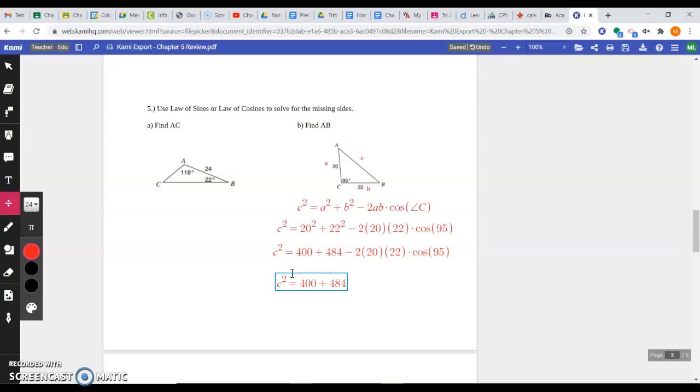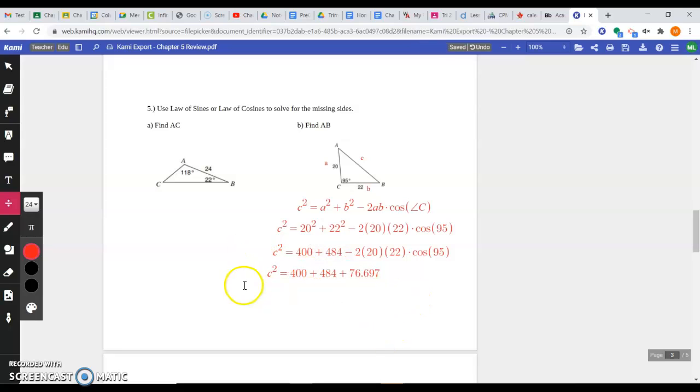I'm doing negative 2 times 20 times 22 times the cosine of 95, and that gives me a positive 76.697, and there's some other decimal after that. It's a positive 76, and so this becomes a plus 76.697.